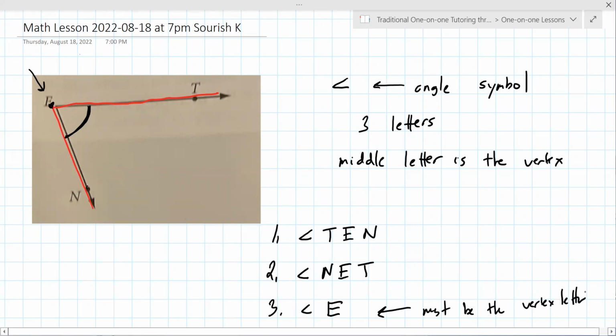So very important. Should I write these down? Yes, those are the three possibilities. But maybe just as important is, do you understand why I've written these?